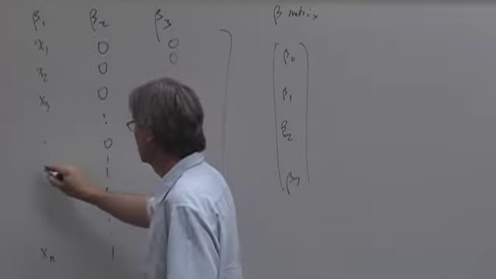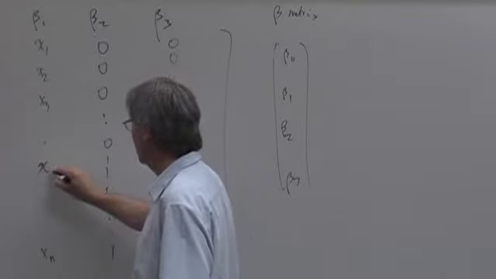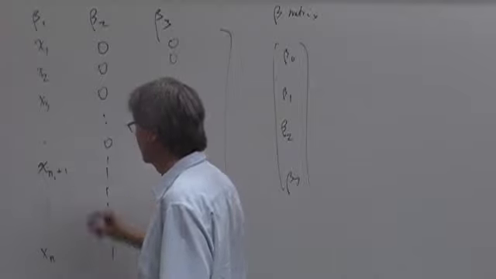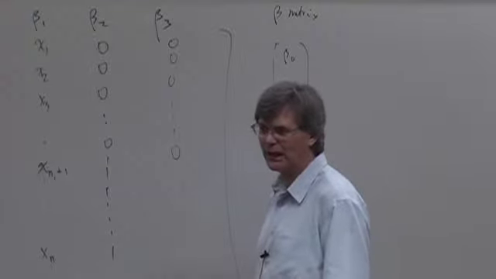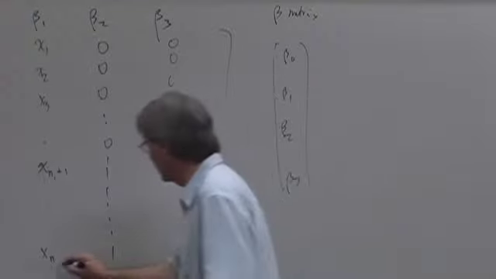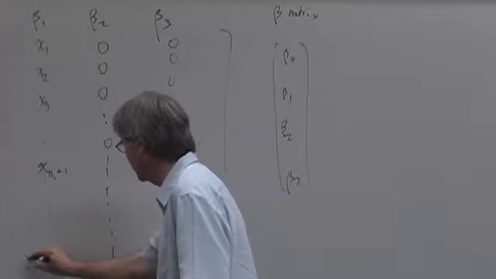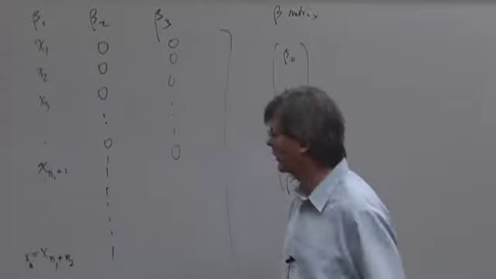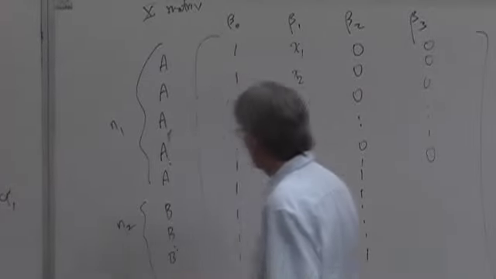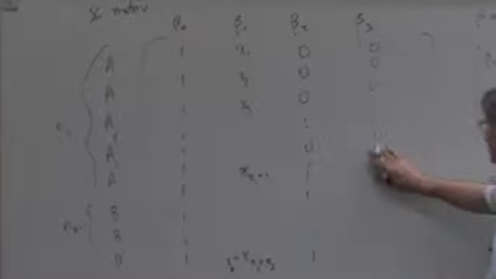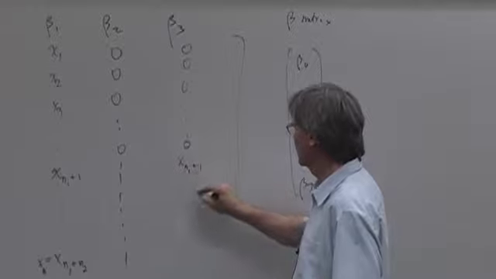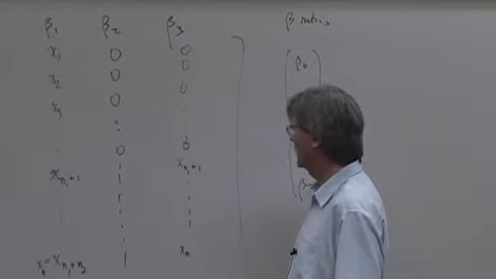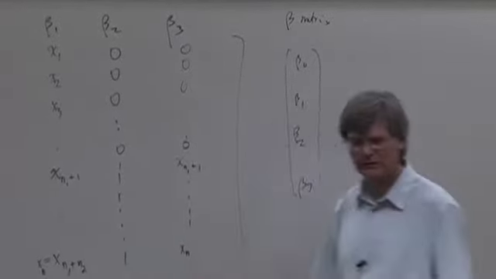So if I call this x sub n1 plus 1 or something, if there are n1 A's and n2 B's, where n1 plus n2 is equal to n, then I'll have this put as x of n1 plus 1 again, down to x of n. All right, so I put zeros here, but then I put x values here.